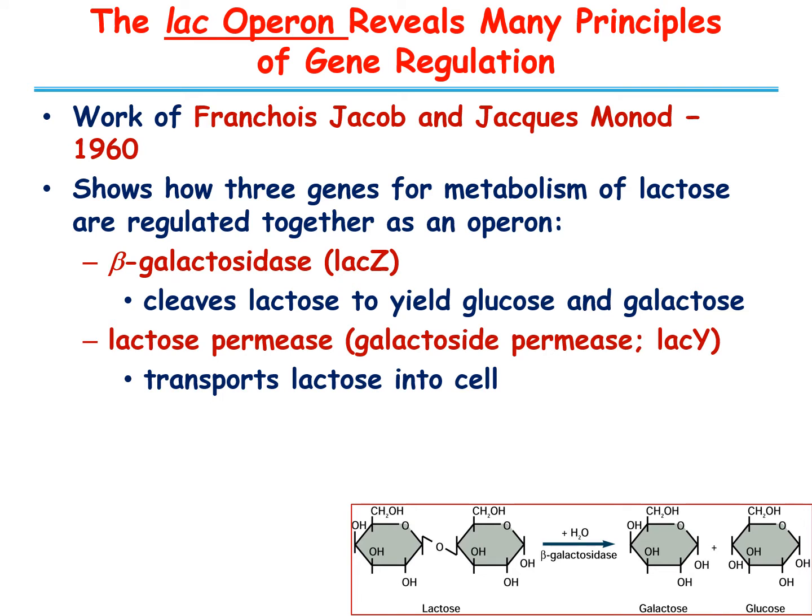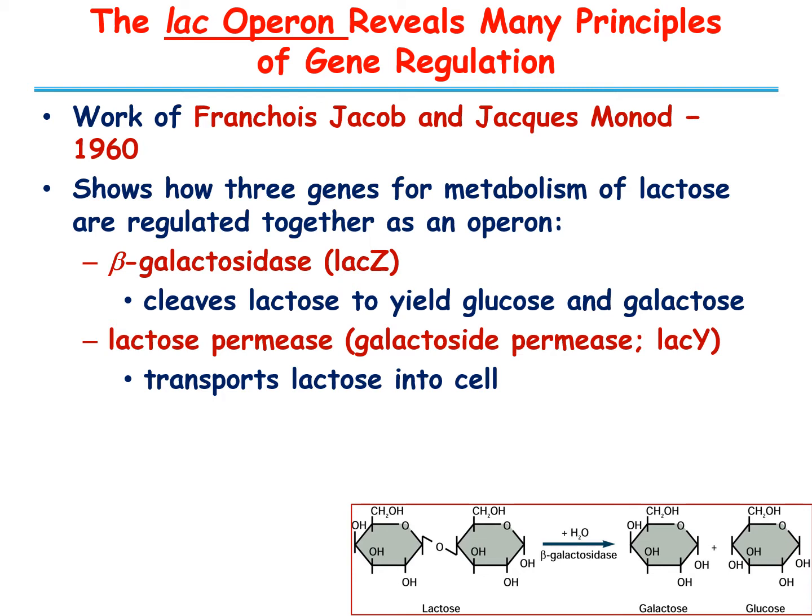Then the second gene is lacY. LacY codes for the protein lactose permease, or galactoside permease. What is this permease? It's basically a transporter for the cell. Why is it required? Glucose is not present in the cell, whereas in the environment, lactose is present.